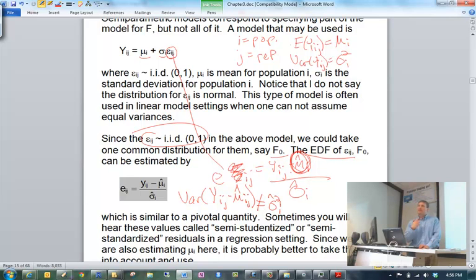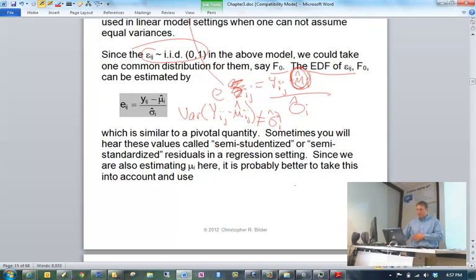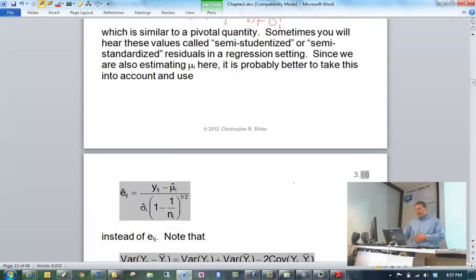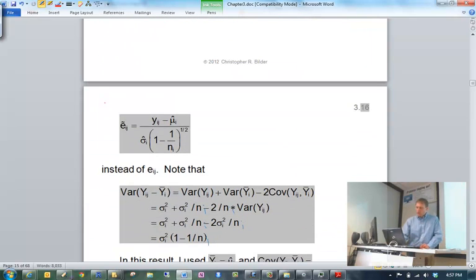So that's why it's semi-studentized. People might have other names for it; that's just the name that I use. Semi-standardized. Instead, what one could do, a studentized or standardized quantity, would be this. Let's call it E tilde, where I put this little adjustment here.